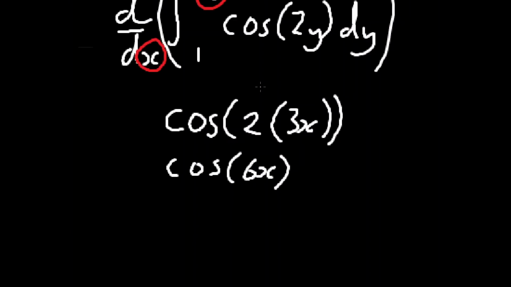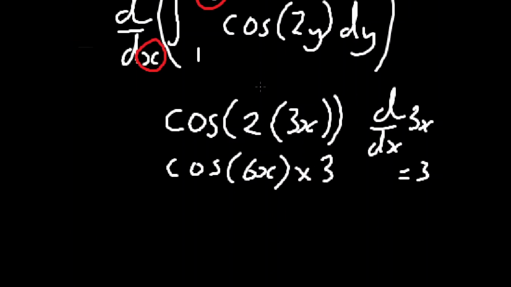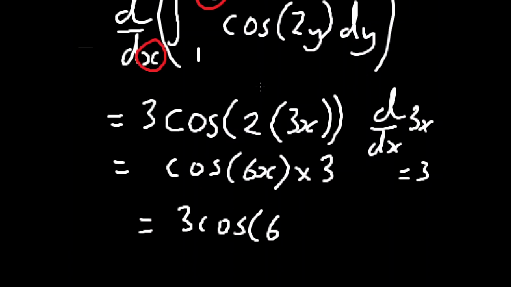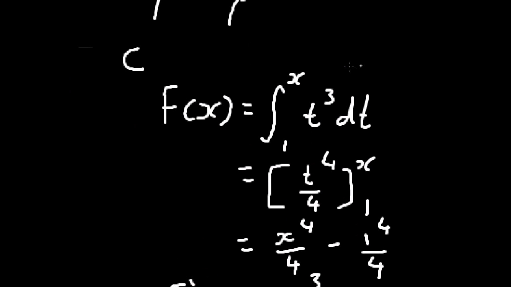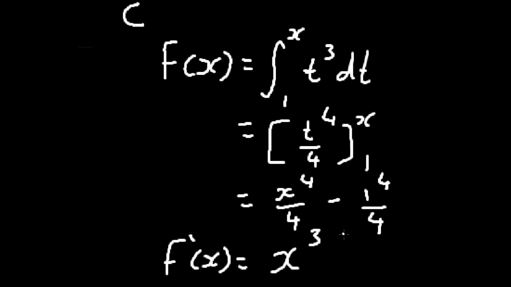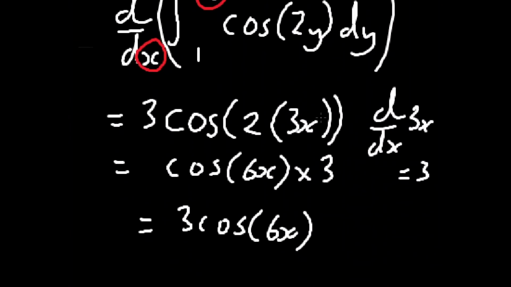If we find the derivative of 3x, that will be equal to 3. So what we can do here is multiply this value by 3, and this gives us our final result, which is that all of this is going to be 3 cos 6x. And that's going back to the original one back in part C about cancelling out the constant. So hopefully that makes sense.